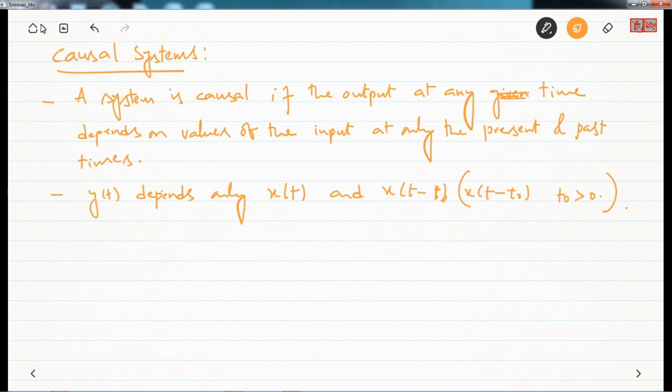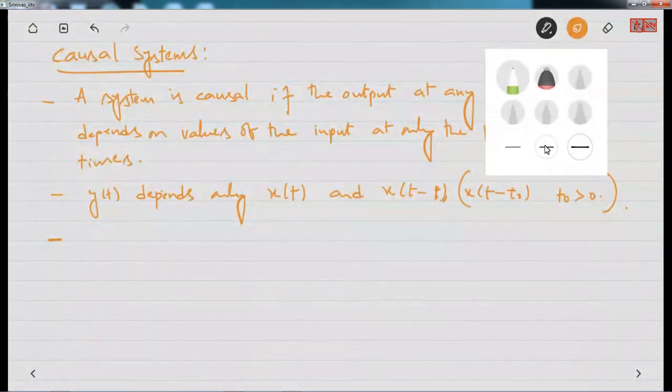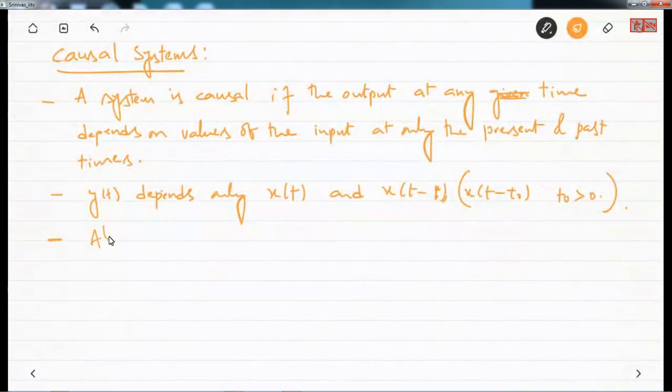Such a system is also called a non-anticipative system, because the system does not anticipate future values.